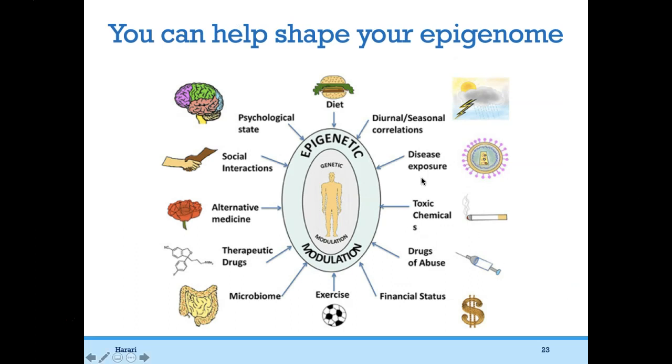Whether it's exercise and your microbiome and social interactions and your mood and your diet and the seasonal, all these different things can modulate your epigenome, which can turn different genes on and off. And this is a good thing, right? It adds another level of complexity and regulation to our genome.